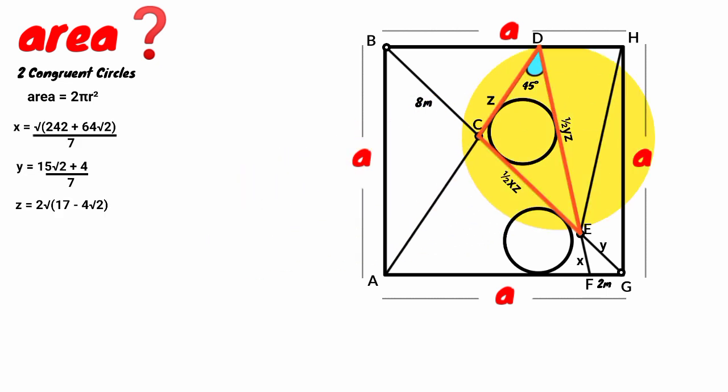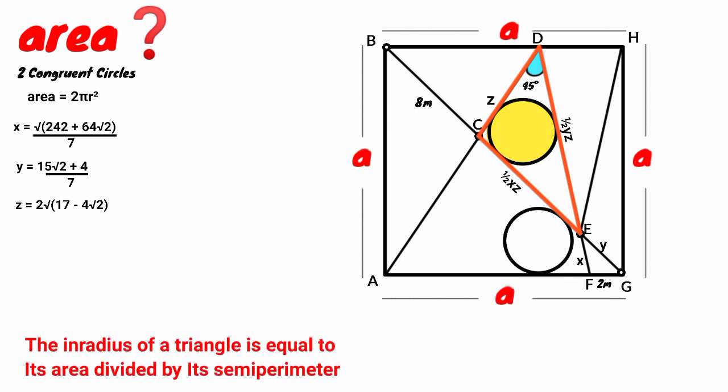Now back to this triangle. We see this circle is inscribed in it. Whenever we have a circle inscribed in a triangle, the radius of that circle equals the area of the triangle divided by the semi-perimeter.